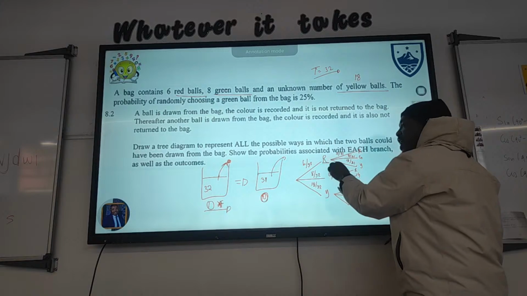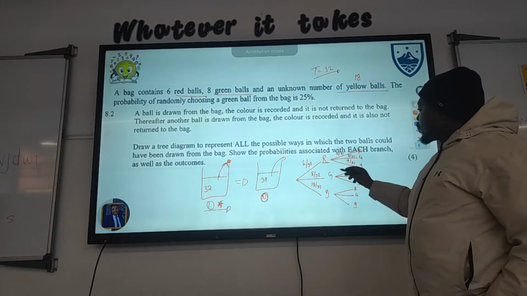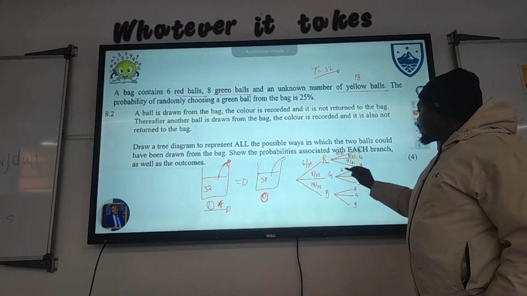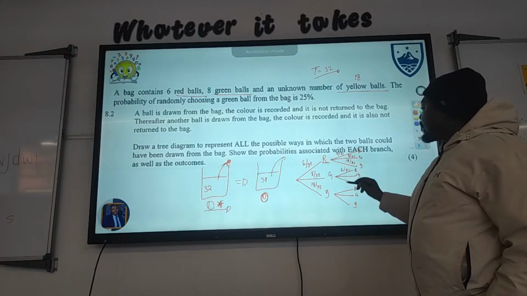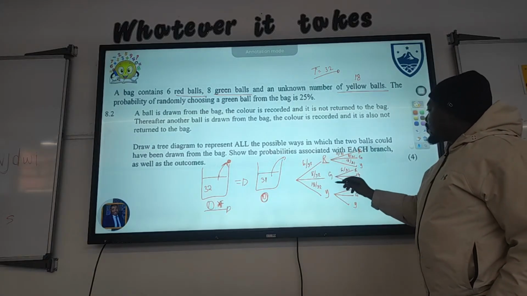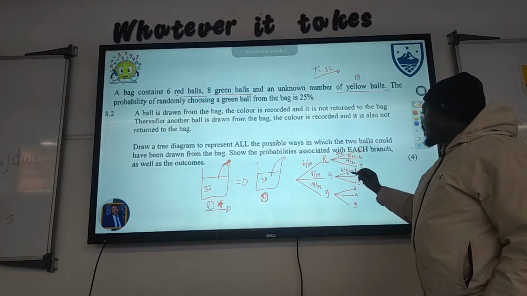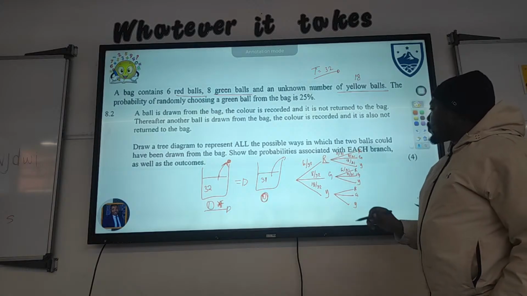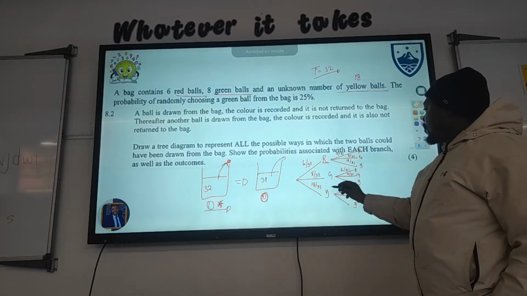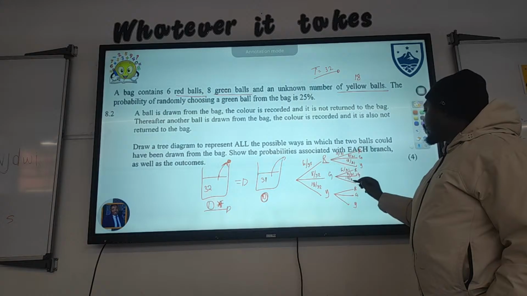So if I were to take out a green ball, the red balls will still be 6, but the total number will be 31. And then the green balls will no more be 8, they will just be 7 out of 31. And then the yellow balls, because I didn't take out any yellow balls, will still be 18 out of 31.